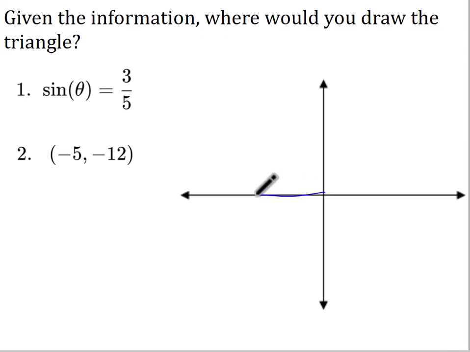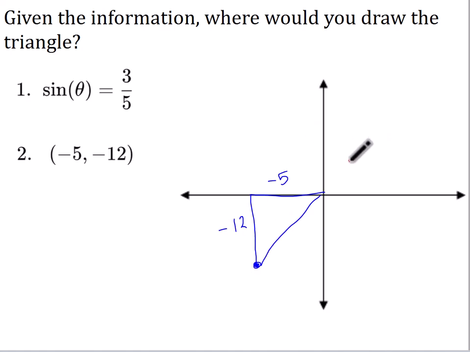So I can draw this into quadrant 3, and I know that this needs to be -5 and this needs to be -12, and there's a coordinate here because -5, -12 is in quadrant 3.